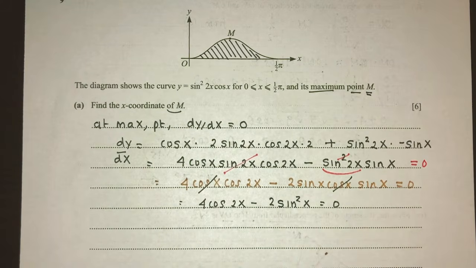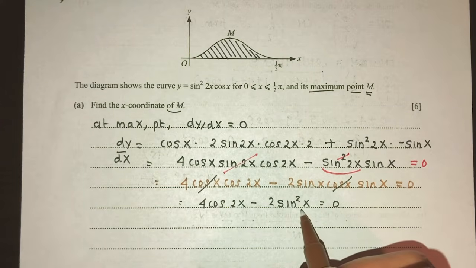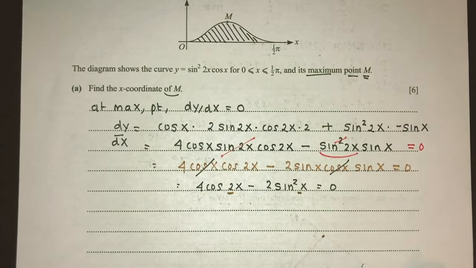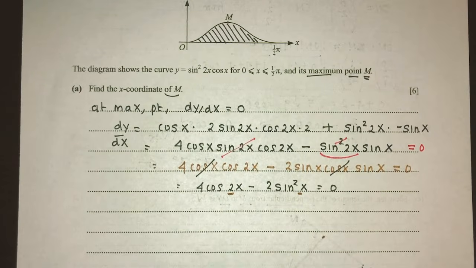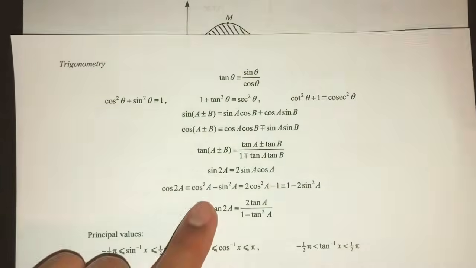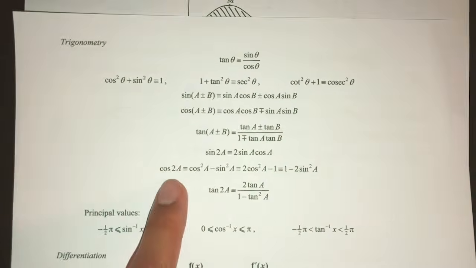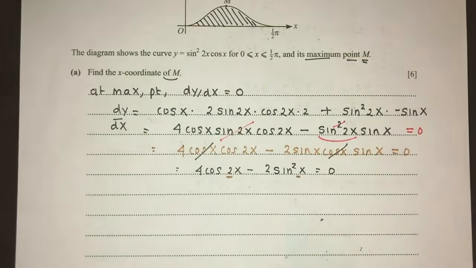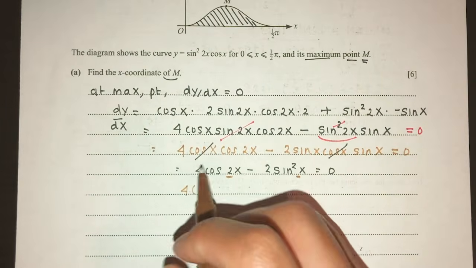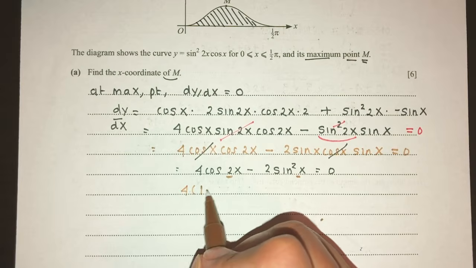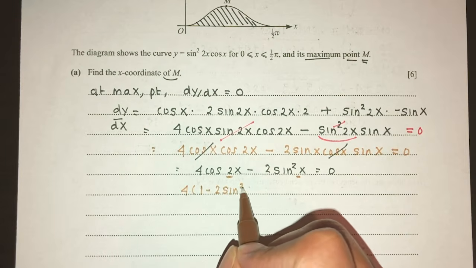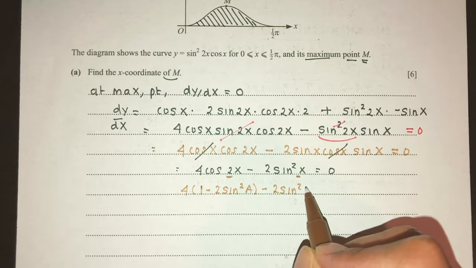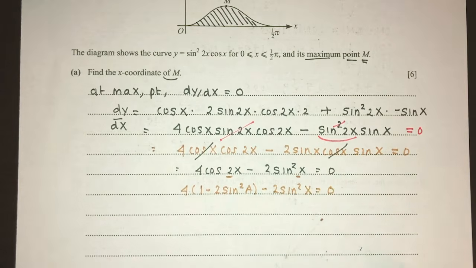Okay. Now next step is, since we have x here and we have 2x, we have to change this one. So again, going back to your list of formulas, you will see that cos of 2x is equal to, right here, we can use this one, 1 minus 2 sine square a. So replace, you will have 4 times 1 minus 2 sine square x minus 2 sine square x is equal to 0.